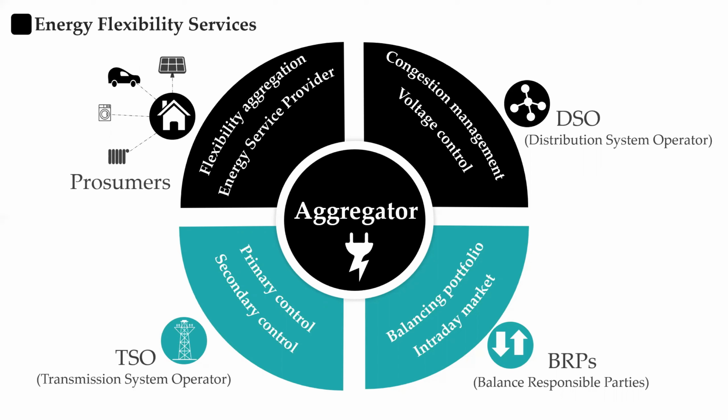This flexibility can be extracted from different parts in the power system, but in my research, I am particularly focusing on the flexibilities that can be provided at the local vicinity, at the neighborhood level, at the prosumer side.